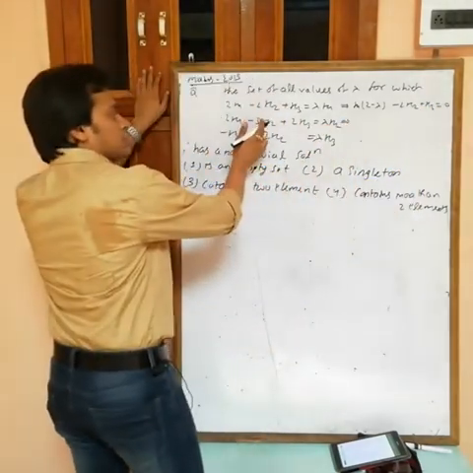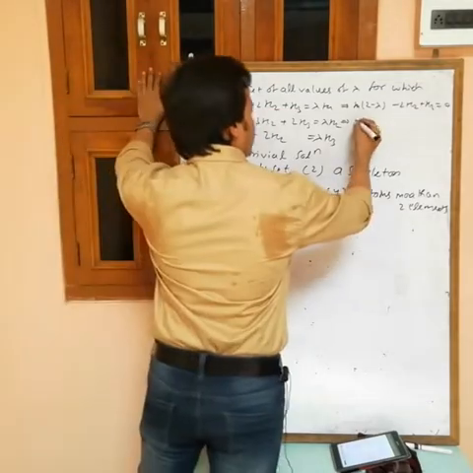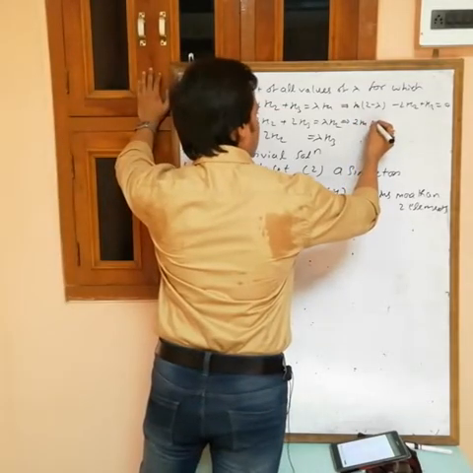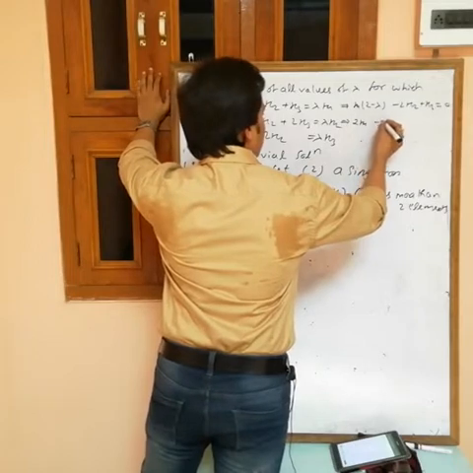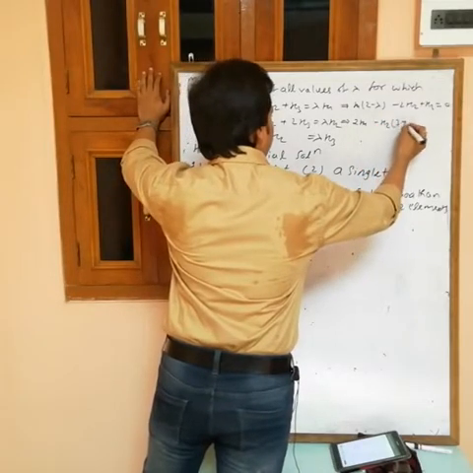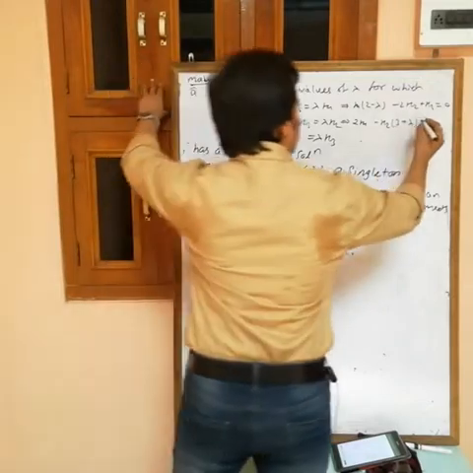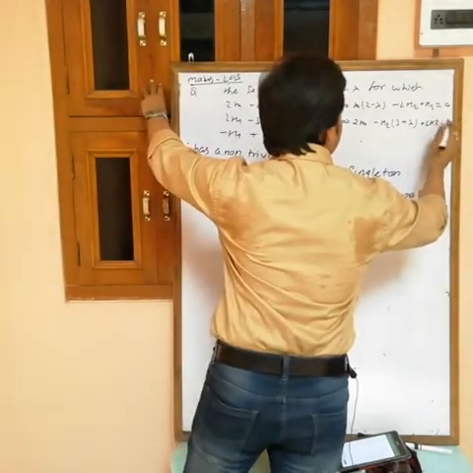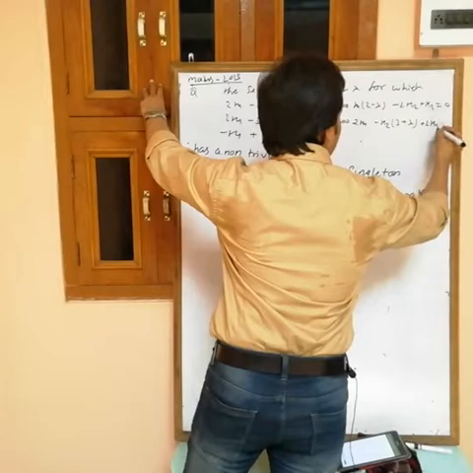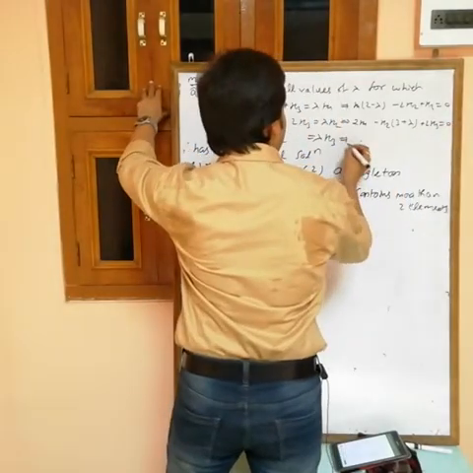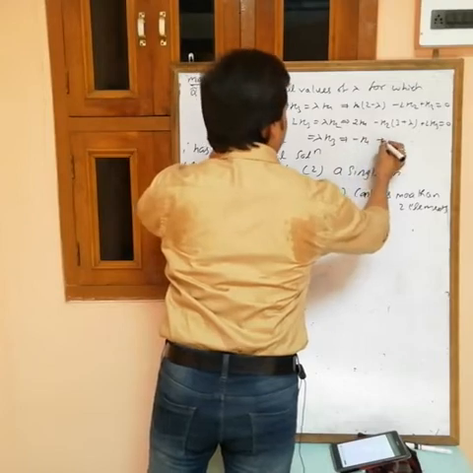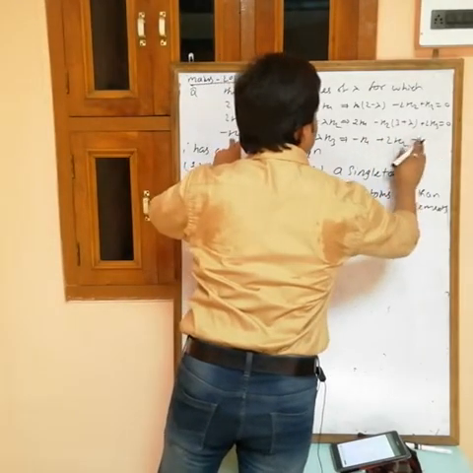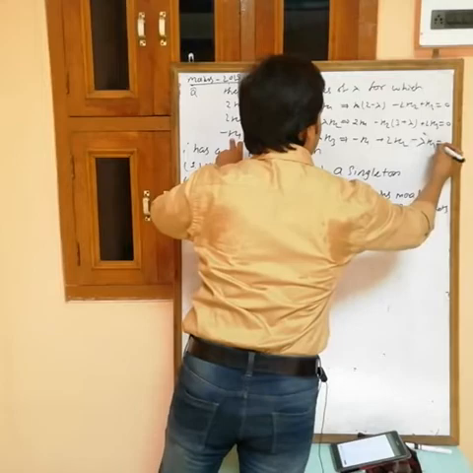If you take this one at this side, you can take x2 common, then we are getting 2x1 minus x2 times (3 plus lambda) plus 2x3 equals 0. Similarly in this one, if you take this term at this side, minus x1 plus 2x2 minus lambda x3 equals 0.